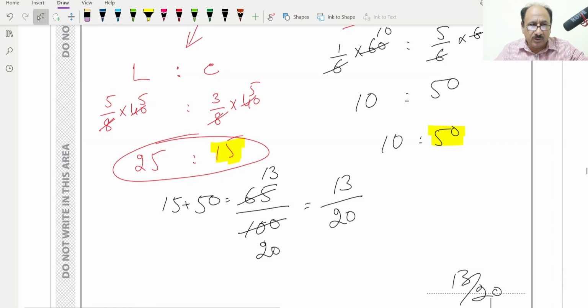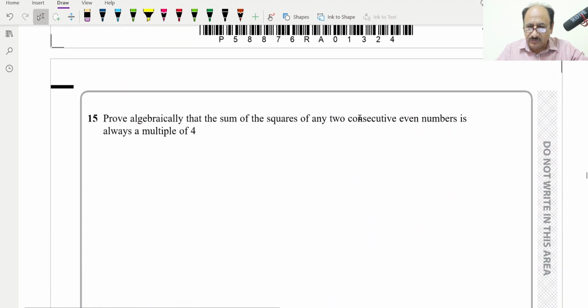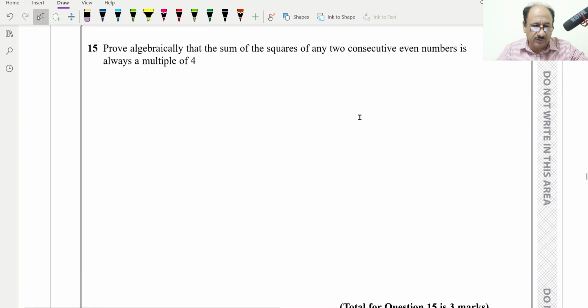Hopefully you understood this question. This was a little tricky question, but hopefully you understood everything.